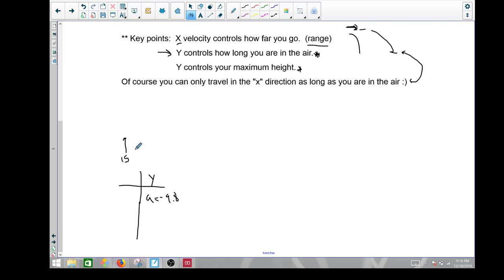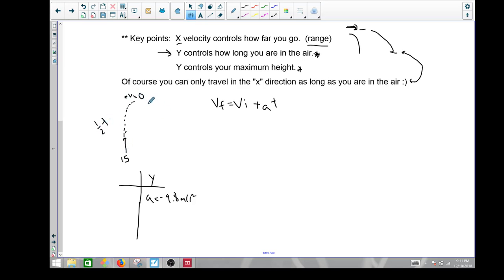So every second I'm in the air, I lose 9.8 meters per second. I know that at the very top, my velocity is going to equal 0. I'm going to use that to my advantage here. So Vf equals Vi plus AT. At the very top, I've already spent half of the time that I will spend in the air to get to the top.